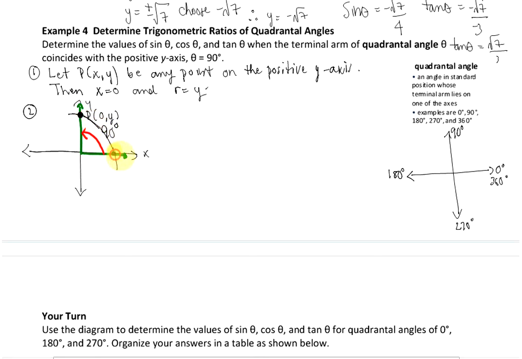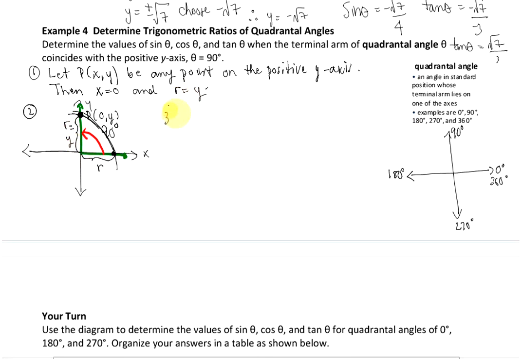This point here will move counterclockwise around a circle. And so we can see that from the origin to our point is r, and that would be true over here too. Because we're considering our point being on the y-axis, not only is the distance from the origin to our point r, the distance from the origin to our point is also y. And so we can see that r is equal to y.